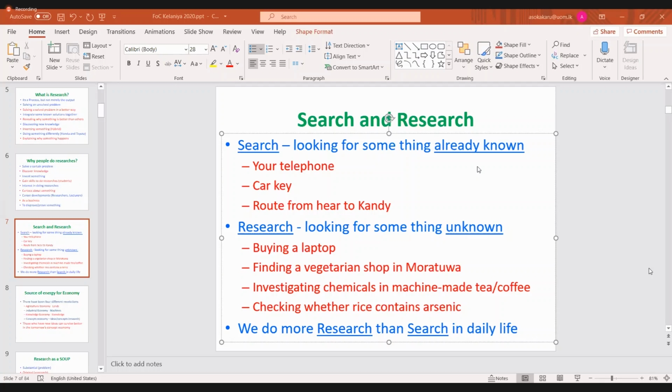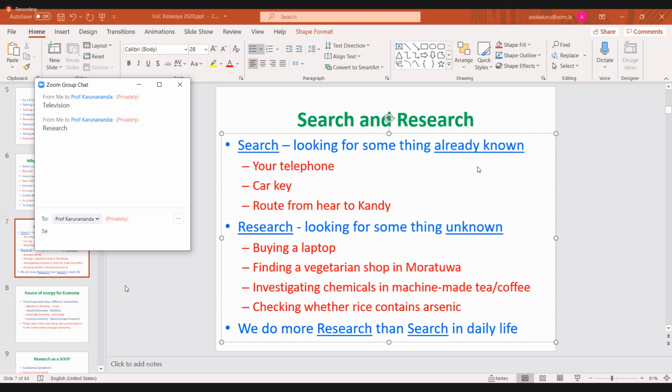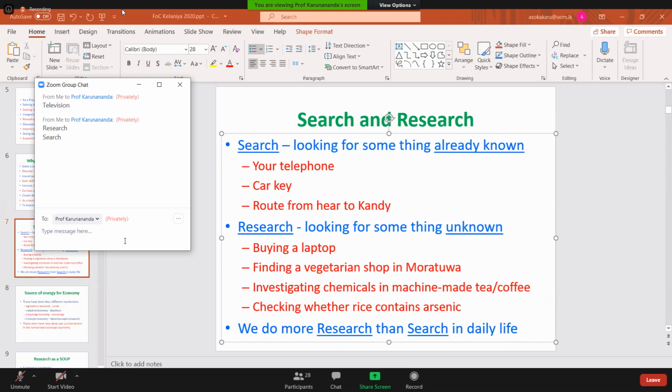Both of them went to a shop. Then suddenly the wife is missing. Then actually the husband is doing searching or researching? To find the wife, he has to execute some looking for. What kind of looking for? He is now looking for something he knows. Therefore, it is search. Understand?